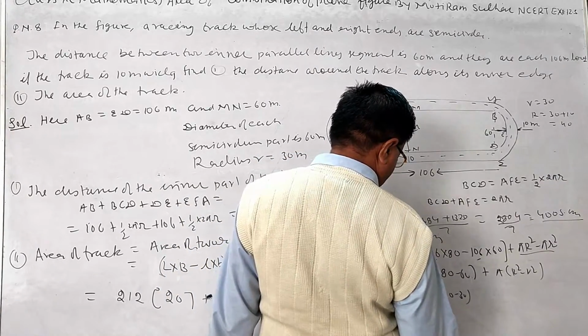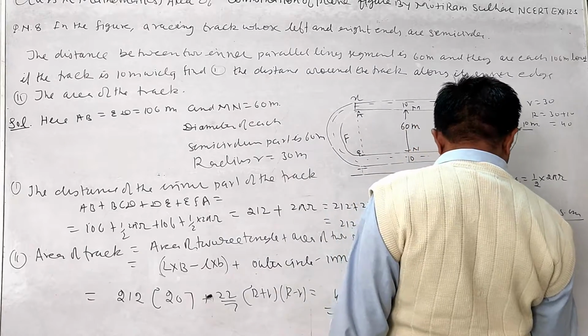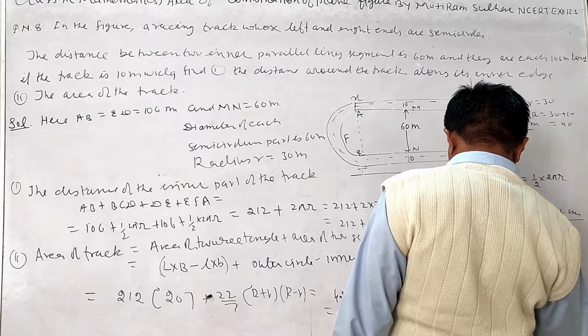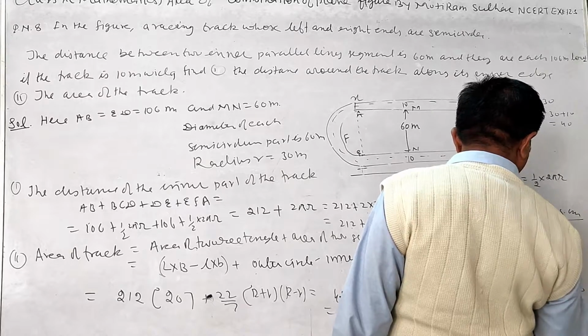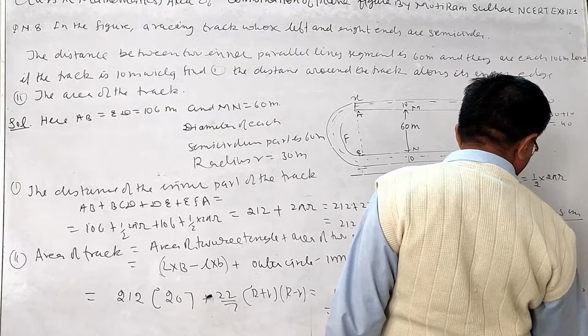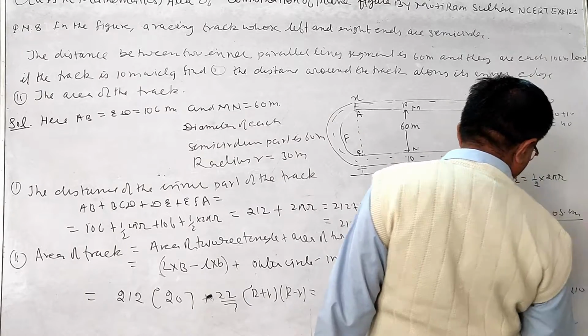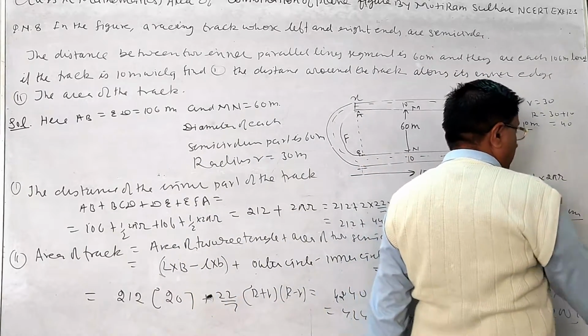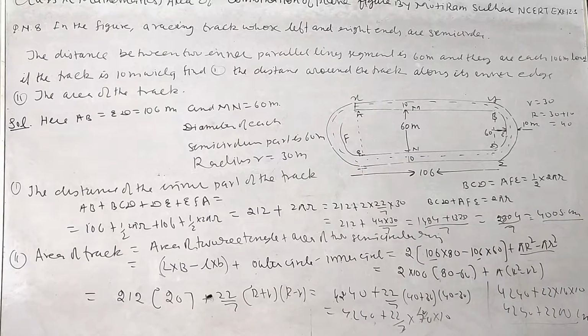So this is 10. So you calculate this one: 4240 plus 22 into 10 into 10. So add this one, here to add, you get the answer. So in this way we get the required area. Clear? In this way one can find the area of the required region.